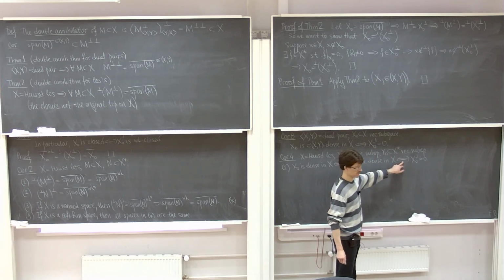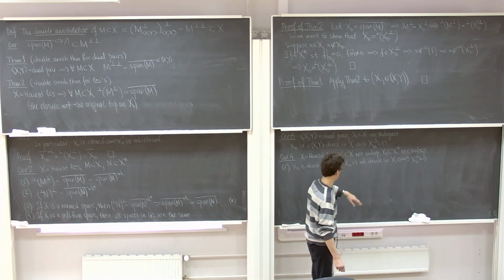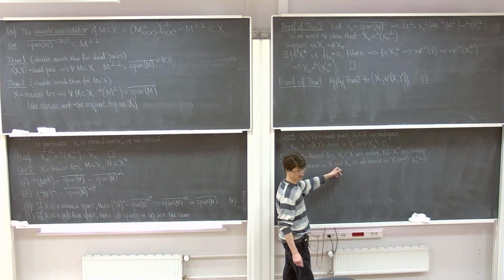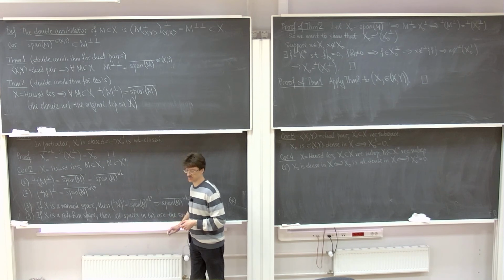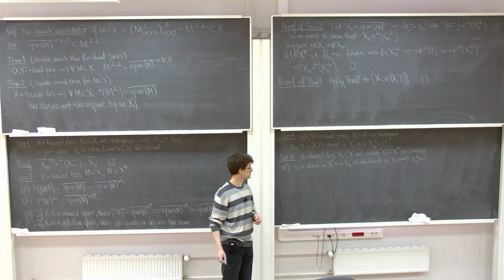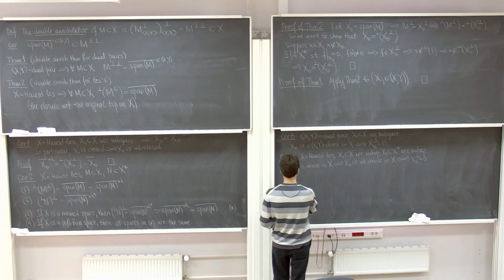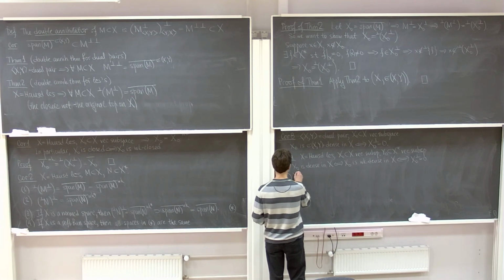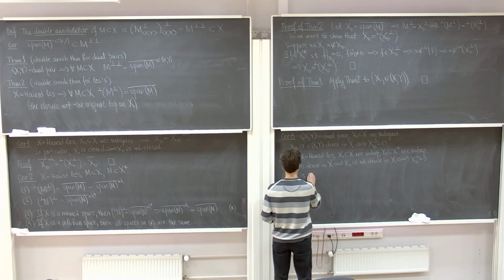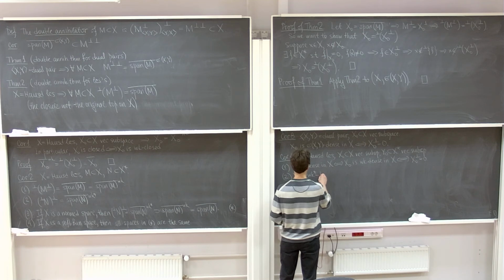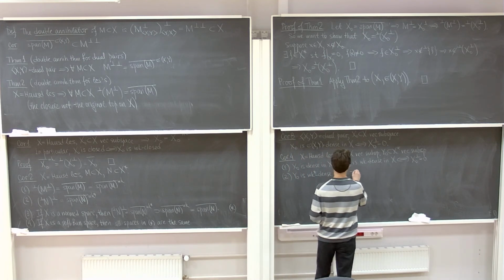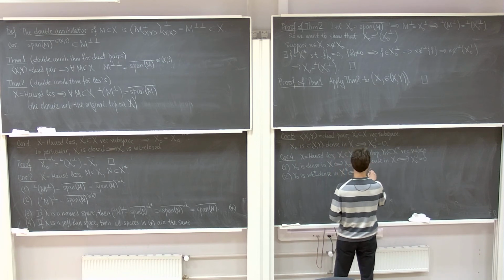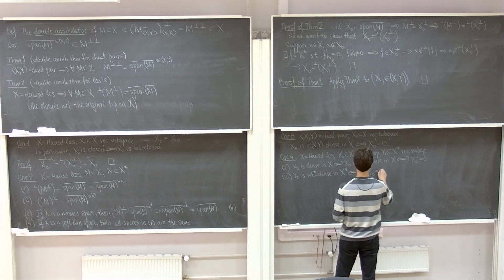This follows from the previous corollary, and this is also true because of corollary 1. So the weak closure and the closure are the same. And dually, Y0 is weak star dense in X star if and only if the pre-annihilator is 0.